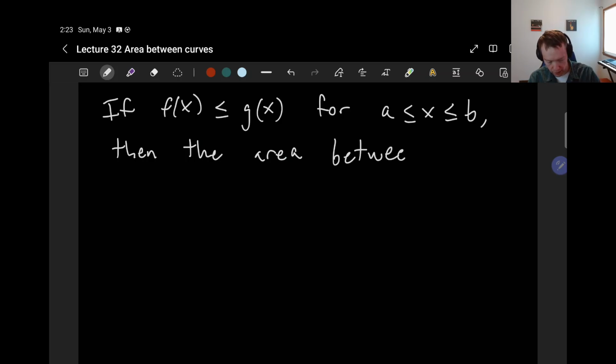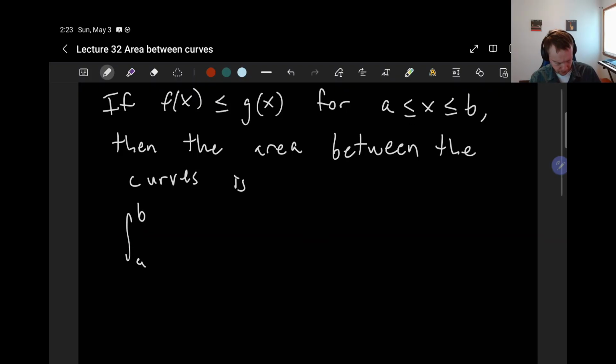Then the area between the curves comes from some definite integral, but the integrand here is g of x minus f of x, the higher one minus the lower one, dx.